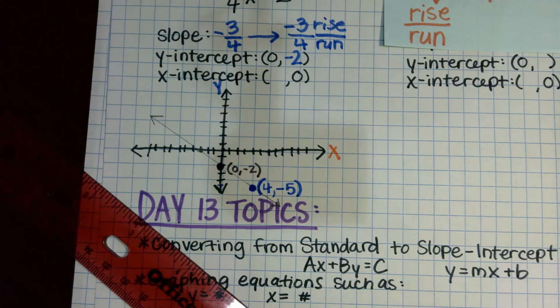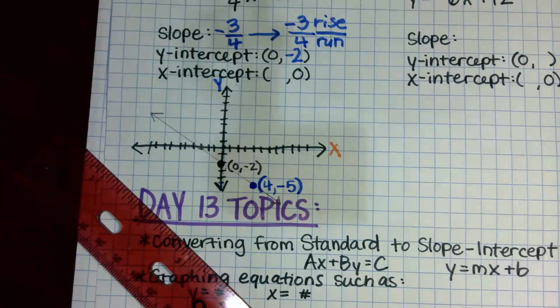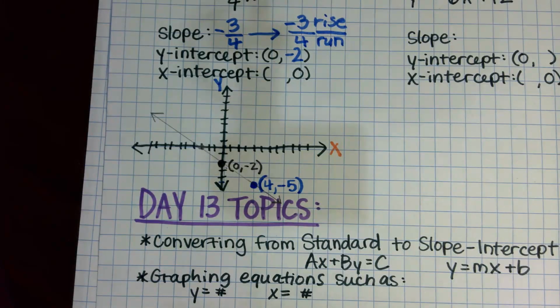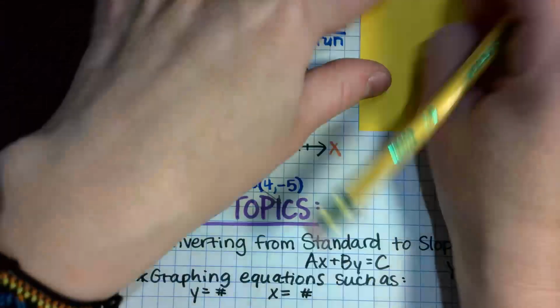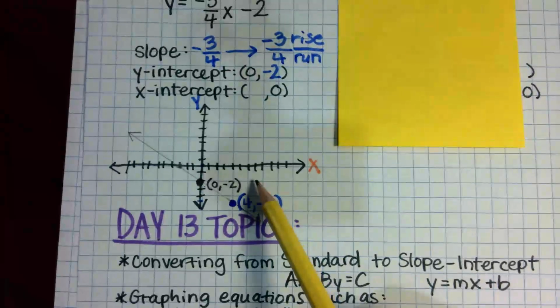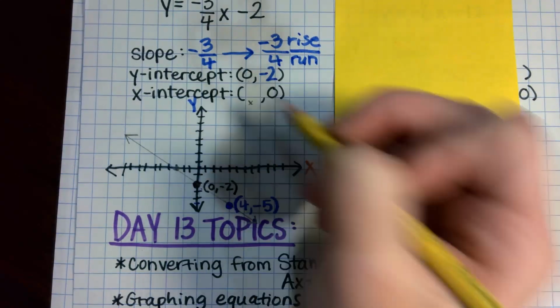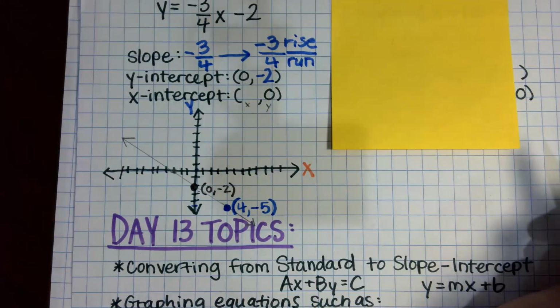But just to be sure, we're going to work the math out and kind of solve for that x-intercept. And I'm going to show you that process. So if we wanted to find our x-intercept, we can see that we have a coordinate here. We're solving for x, and we have y equals 0.